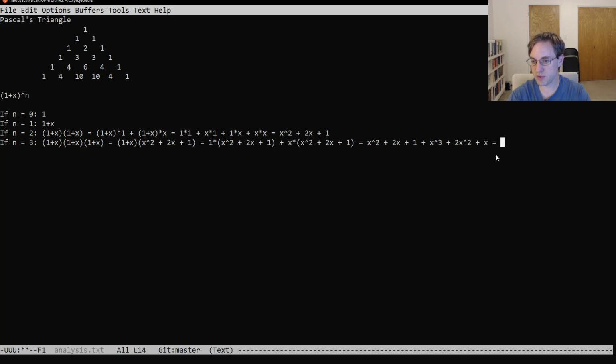And that's all going to be equal to x cubed plus 3x squared plus 3x plus 1.